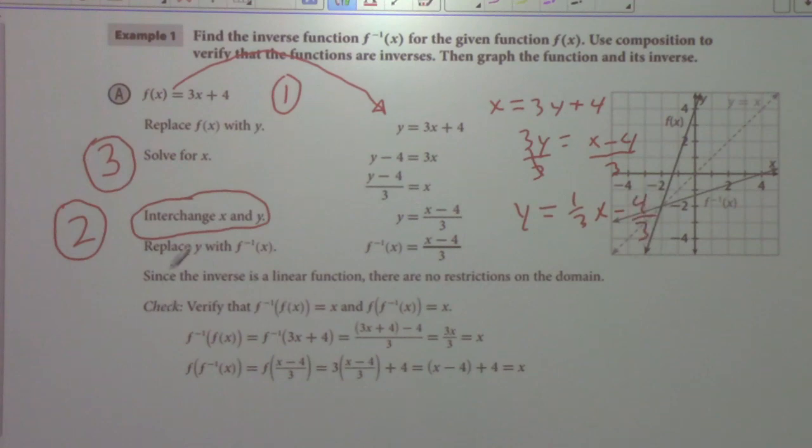And then the last step is replace y with f -1 of x. So f -1 of x equals 1/3 x minus 4/3. So that's a 4-step process.